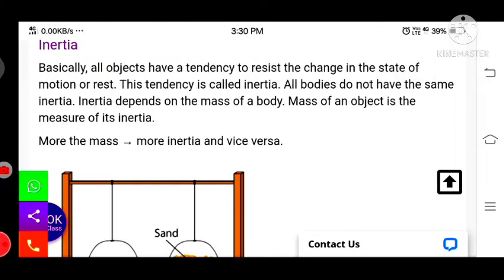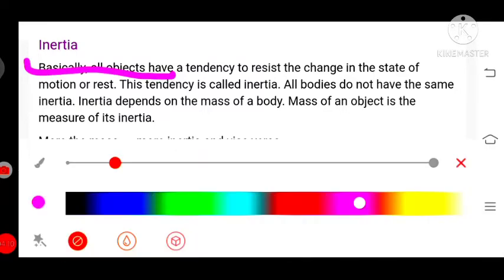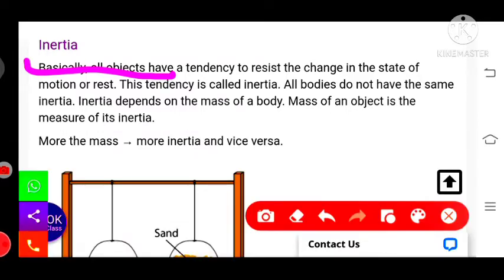Inertia. What is inertia? Basically all objects have a tendency to resist the change in the state of motion or rest.